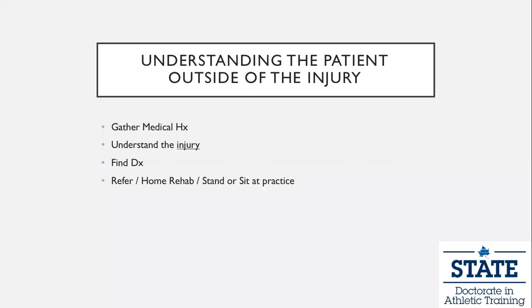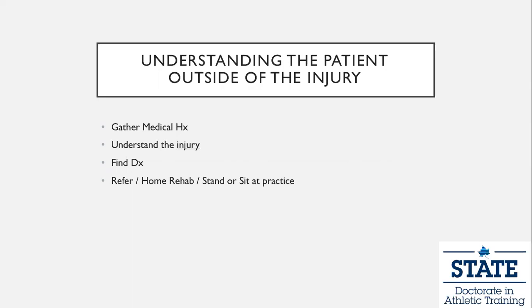So first, one big gap I have right now as I've started practicing is understanding the patient outside of their injury. So, going outside the physical impairment, the pathology, the things that you can see, and the signs and symptoms that they present at the clinic or in your athletic training room.